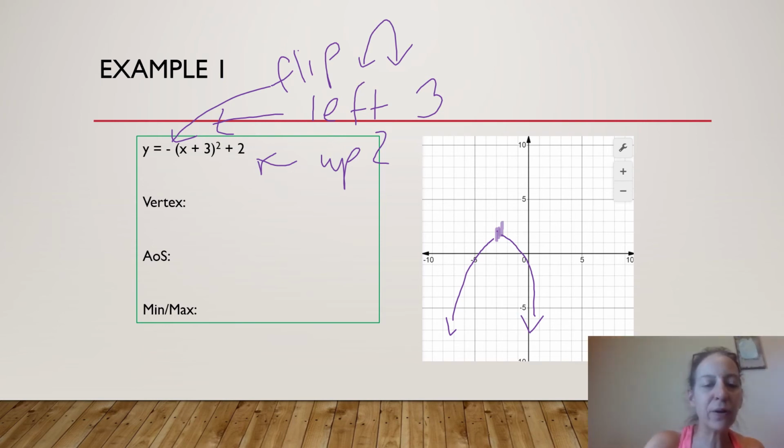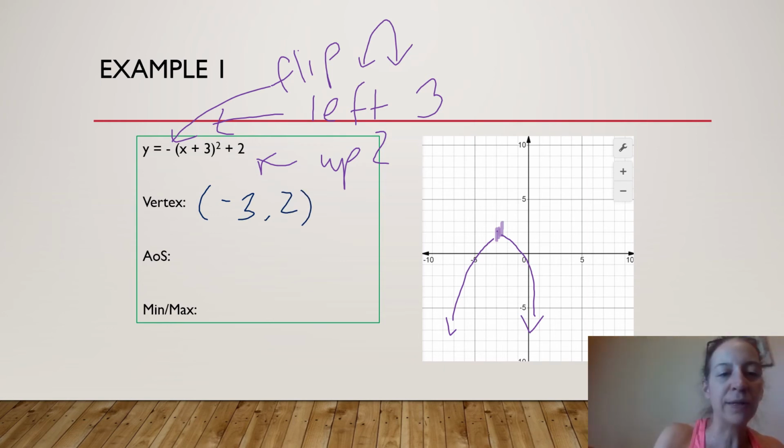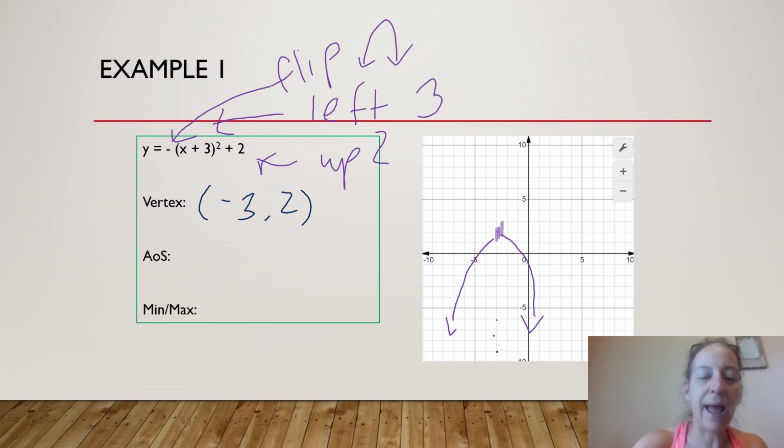So when answering the question, what is the vertex, make sure that you give the ordered pair, which in this case is -3, +2. The axis of symmetry is the vertical line that goes straight through the center of the parabola.